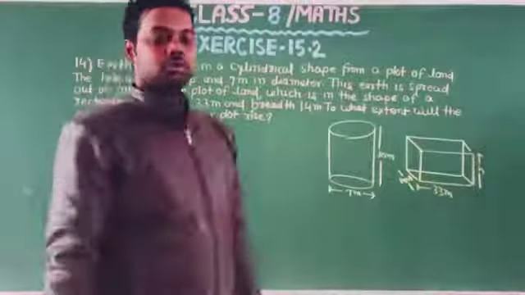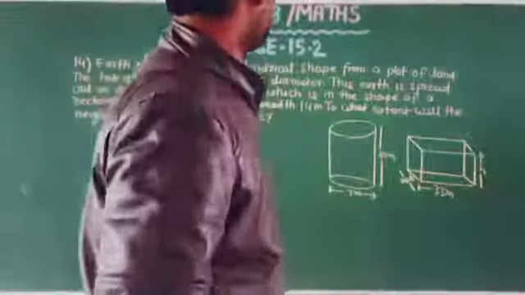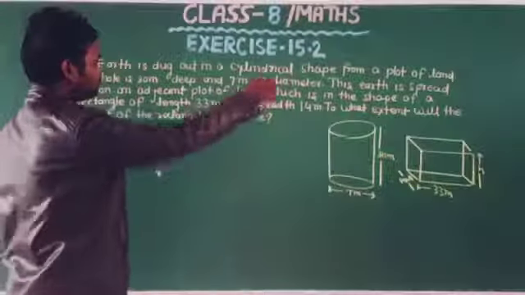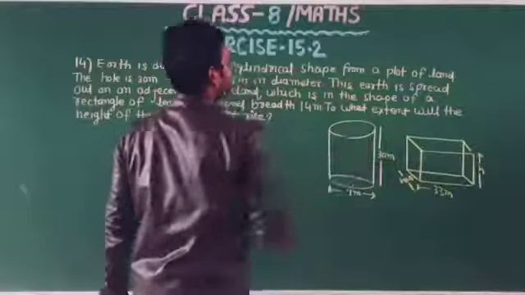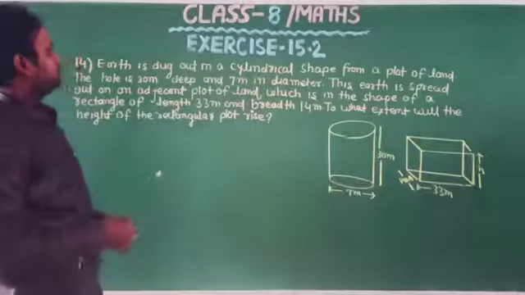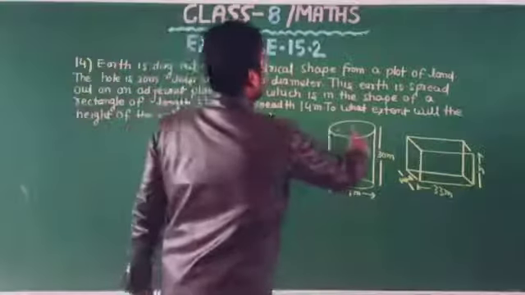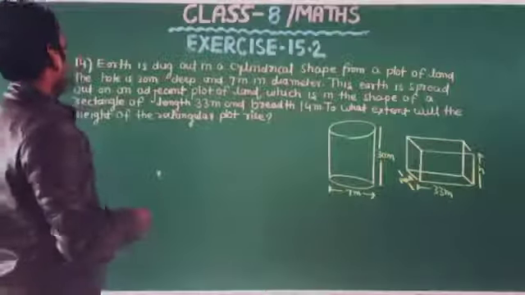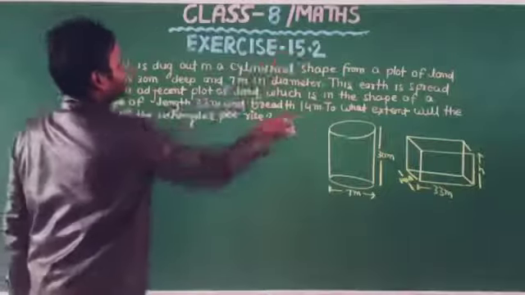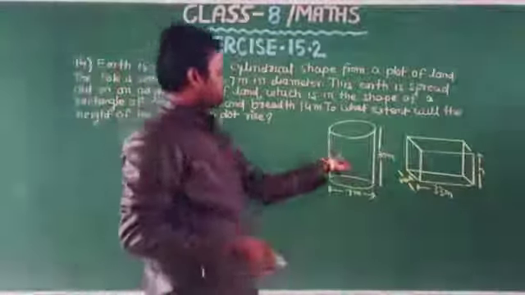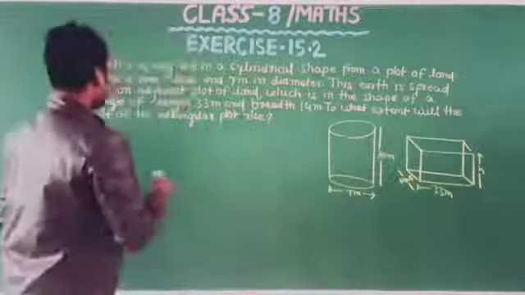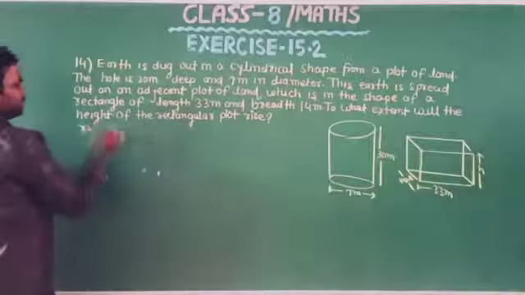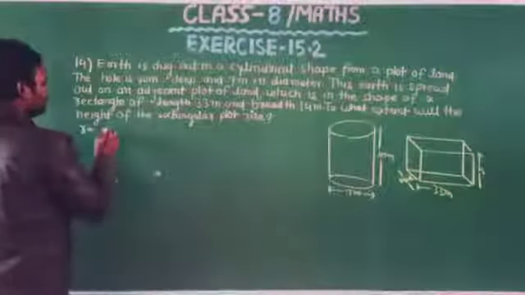So the first thing we have to write is what is given. Let r be the radius of the cylindrical hole.